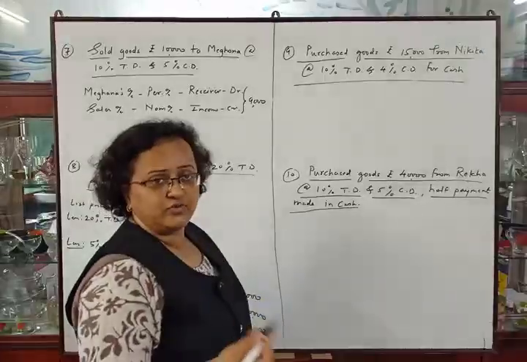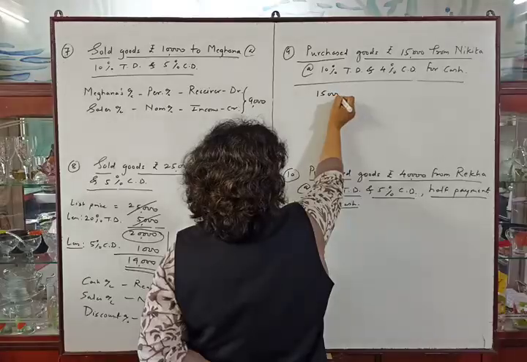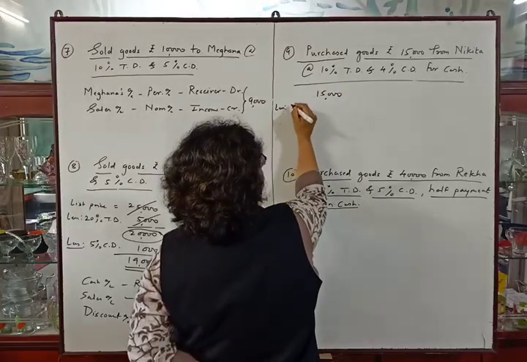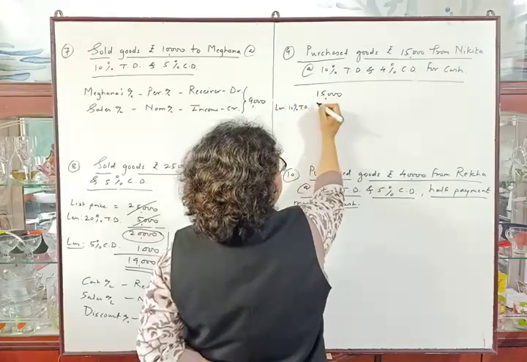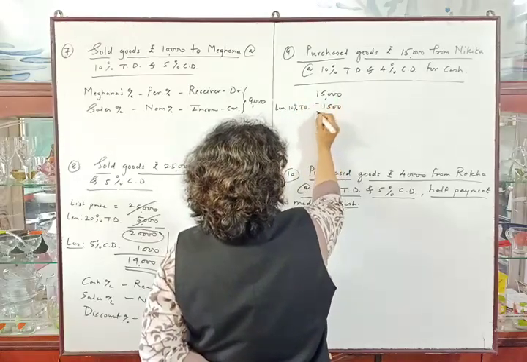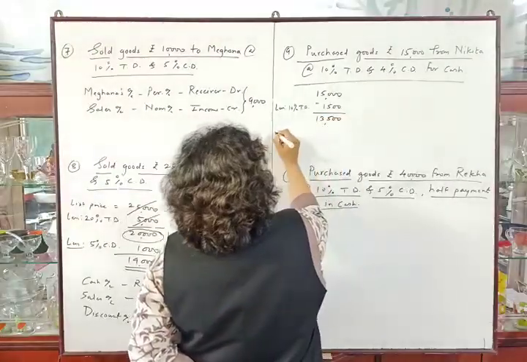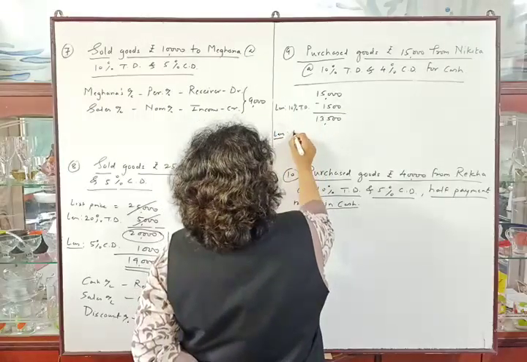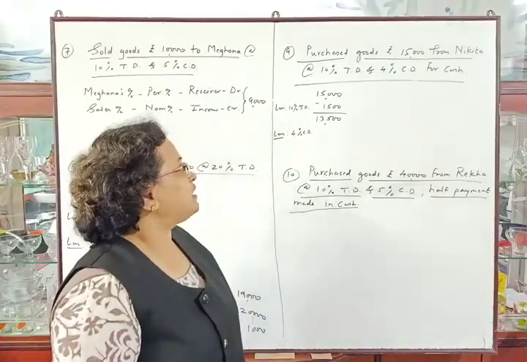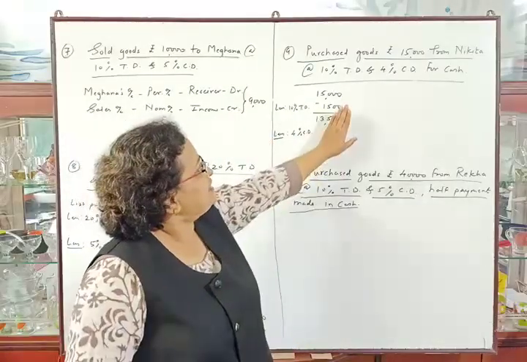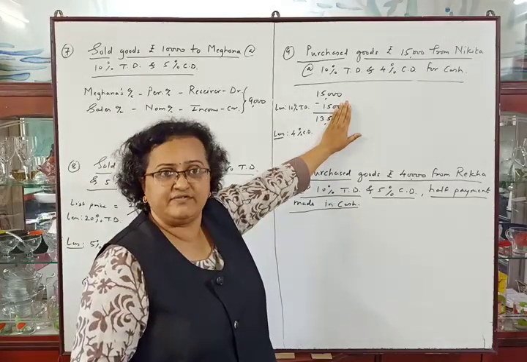Okay. So first we will calculate discount. Original amount is 15,000, less 10% TD. 10% of 15,000 will be 1,500. So the value will be 13,500. Then we will deduct less 4% cash discount. See, after cancelling 2 zeros, 1% will be 135.